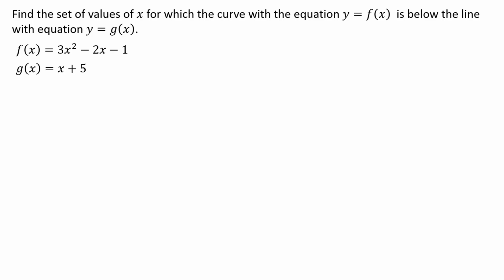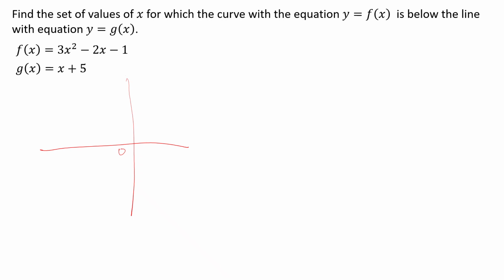Find the set of values of x for which the curve with the equation y equals f(x) is below the line with equation y equals g(x). f(x) is the quadratic graph and g(x) is the straight line graph. So first we need to sketch the graph.